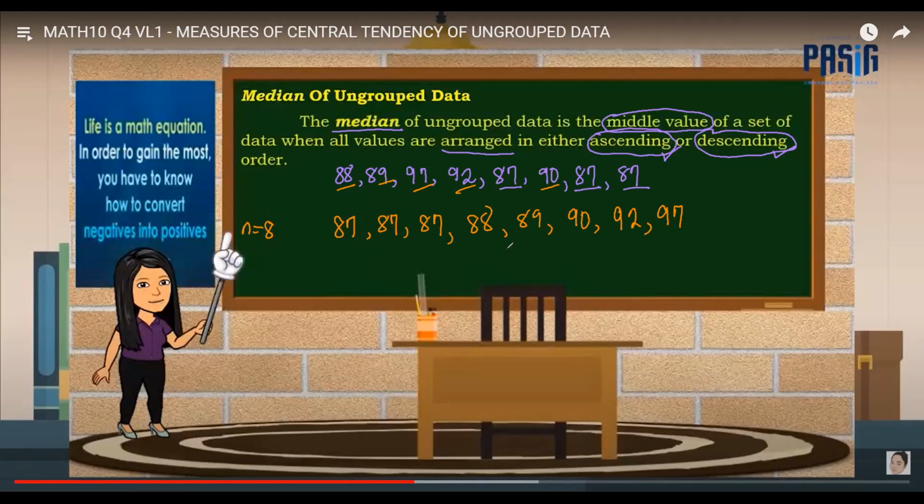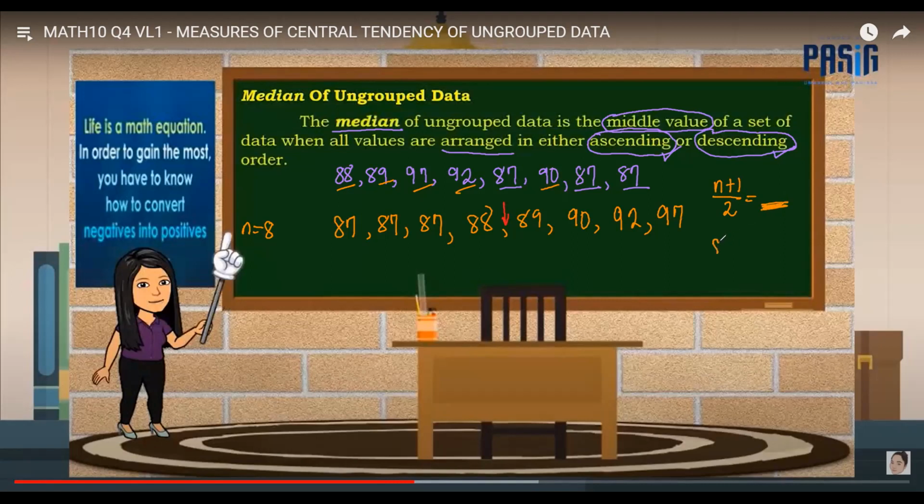So kung hahanapin mo yung gitna niyan, ang mangyayari ay mapupunta ka dito. Okay? So one good way of finding the middle value, gamit kayo ng formula na to: the number of data plus 1 divided by 2. Saka nyo malalaman pang ilan ba yung data na nasa gitna.